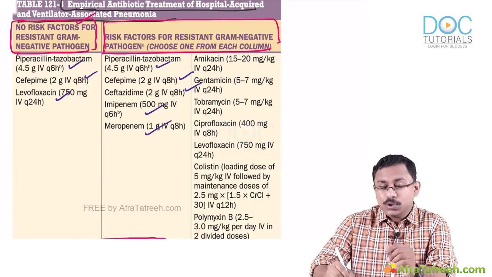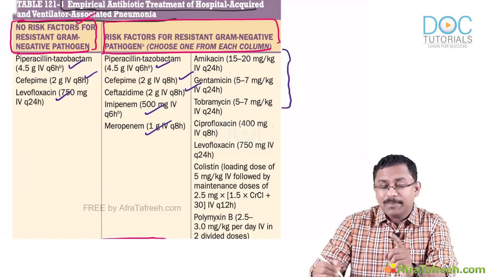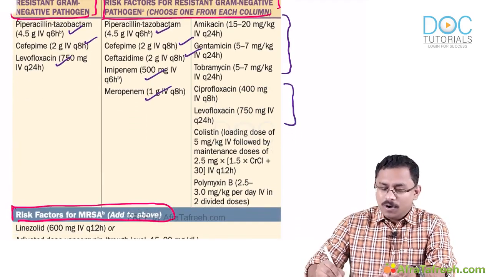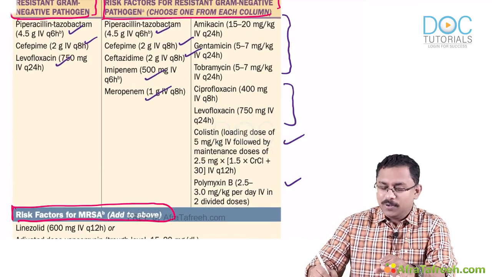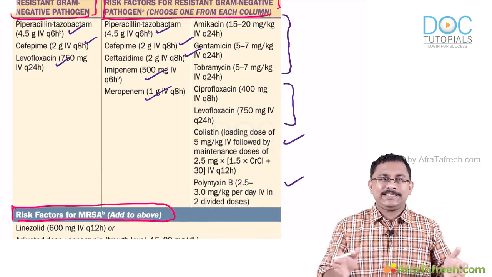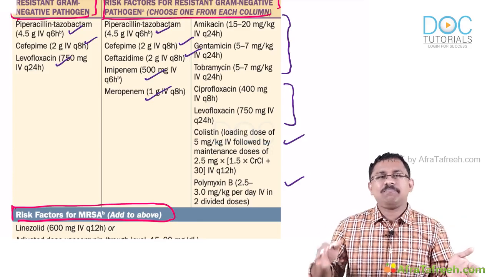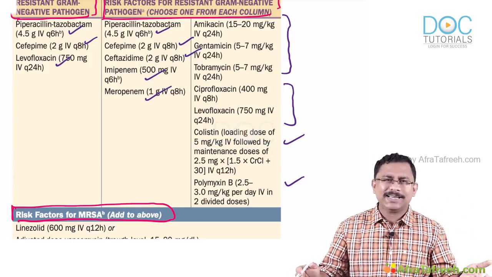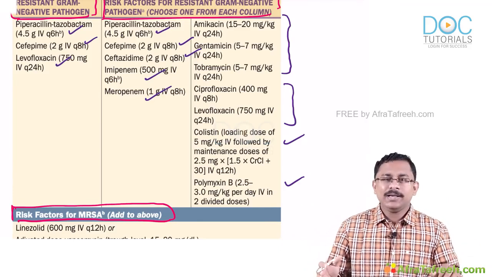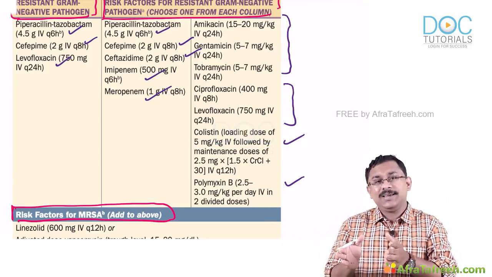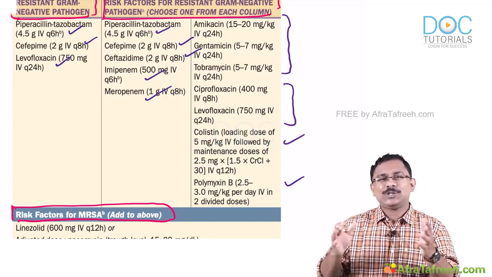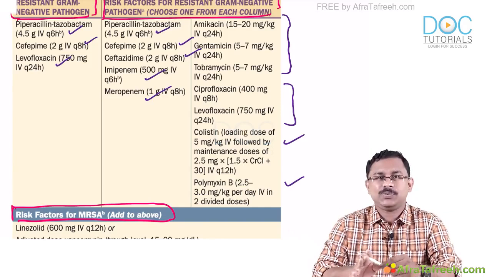Plus, you should add either an aminoglycoside or a fluoroquinolone, or you can go for colistin or polymyxin. Okay, so you've got to add 2 agents. Maybe you are adding meropenem plus colistin, or piperacillin tazobactam plus a fluoroquinolone, like that. The selection of the drugs would depend on the sort of antibiotic resistance you have in your ICUs as well.